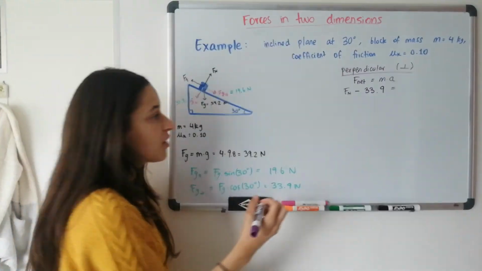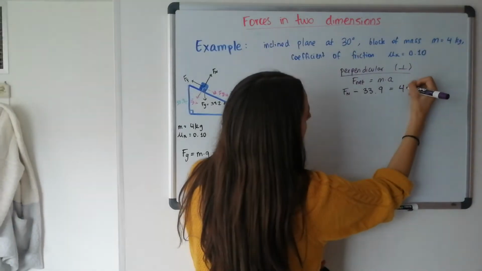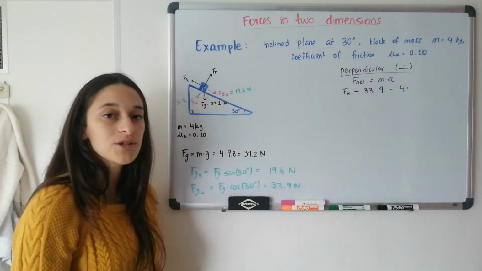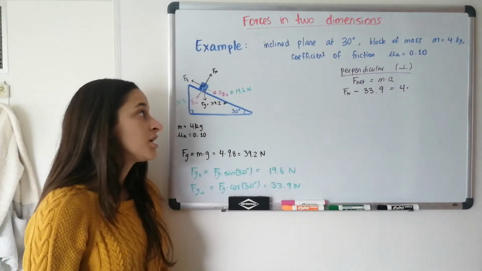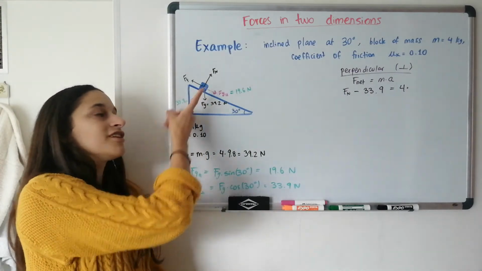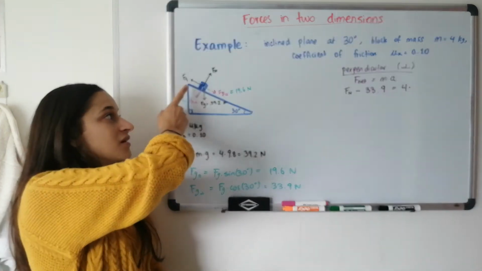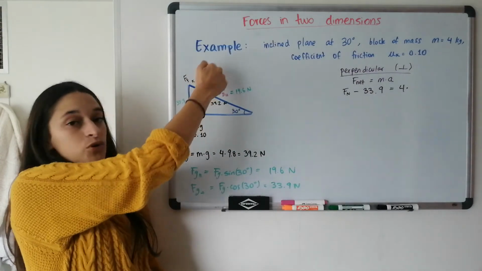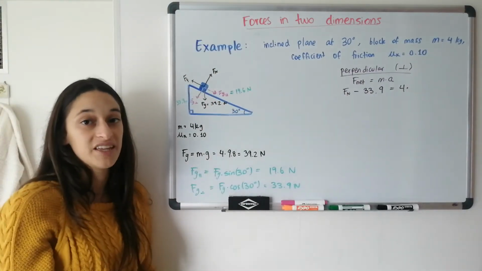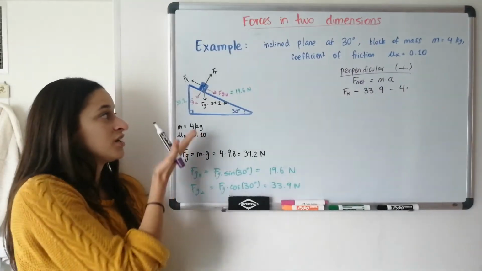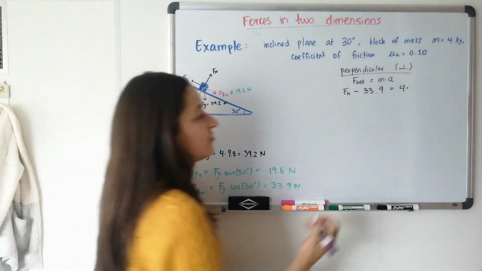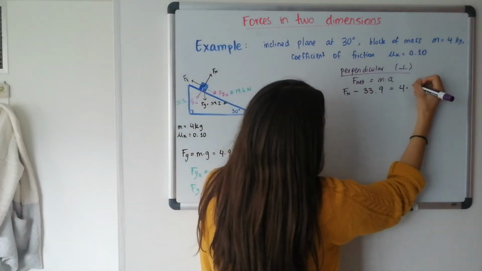Mass was 4 kilograms times acceleration, and the perpendicular acceleration, as we said, is 0, because the block won't fly off the ramp perpendicular to it, and it won't crash through the ramp either. So it's not going to move perpendicularly to the ramp. So we just put a 0 there.